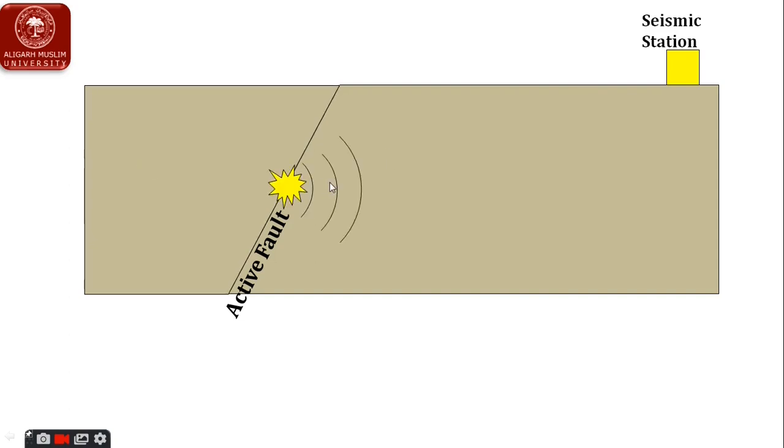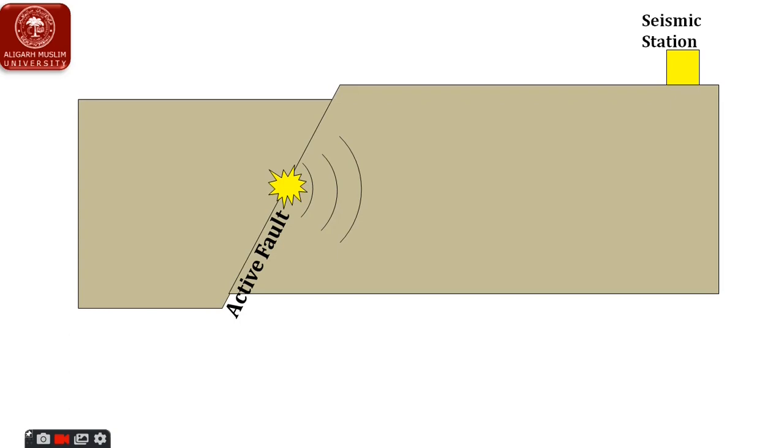Here it goes, and this earthquake causes a part of the crust to sag down along this fault, and a lot of energy is released by this sliding, and P and S waves migrate outwards from this zone.